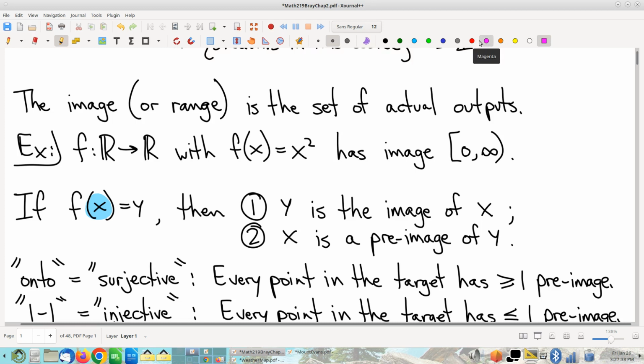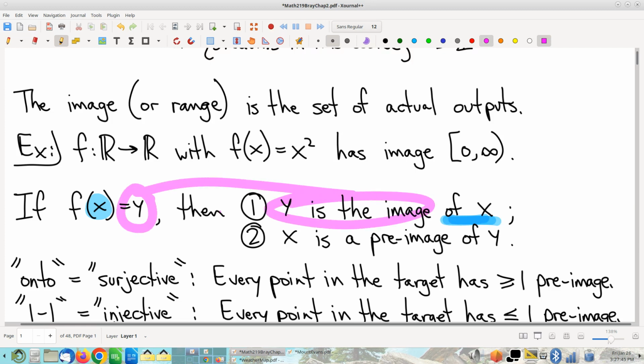For a given input, the image just means the corresponding output. So if I talk about the image of x, well, x is a single input. The image is the corresponding single output. Everybody okay?